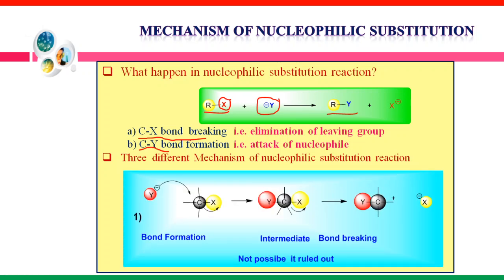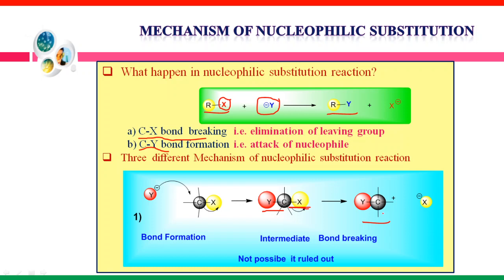Consider the first mechanism. In this mechanism, the nucleophile first attacks the carbon and makes a bond to give this intermediate. In the second step, the breaking of the bond between the leaving group and the carbon atom occurs to give the substitution product.